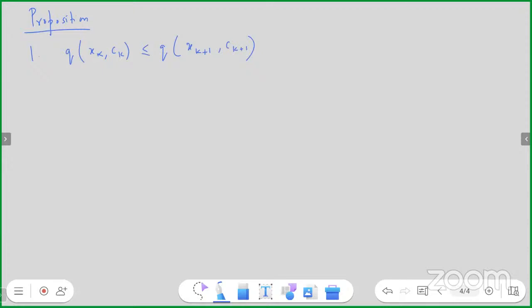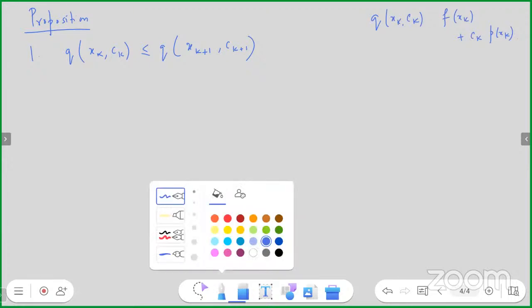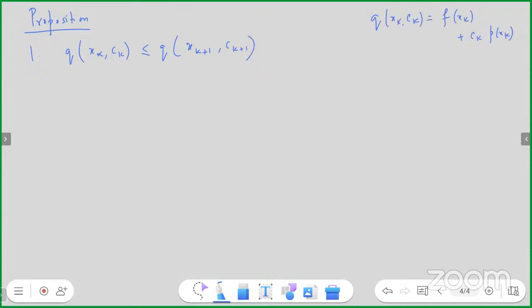Keep in mind what q of x_k, c_k is: f of x_k plus c_k p of x_k. That's sure. Okay, so why is this true? We want to prove this. This is the definition of q.